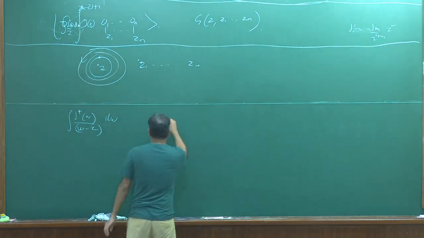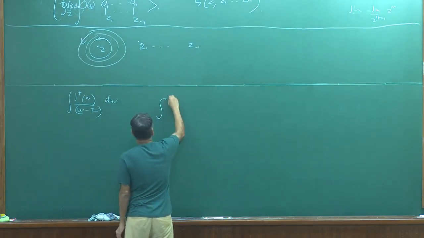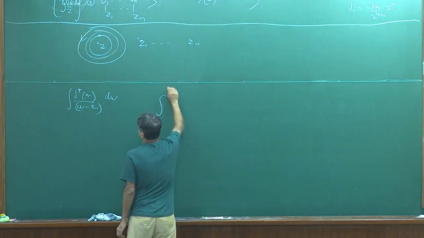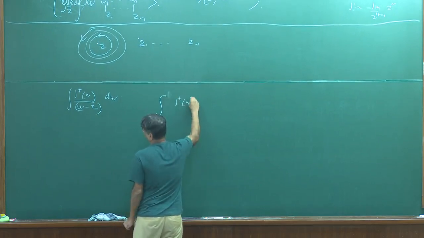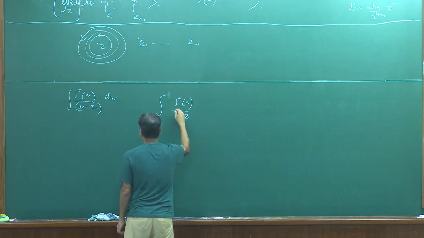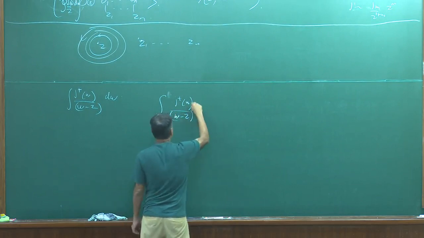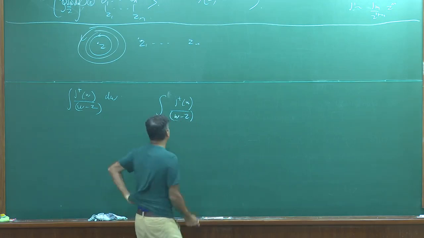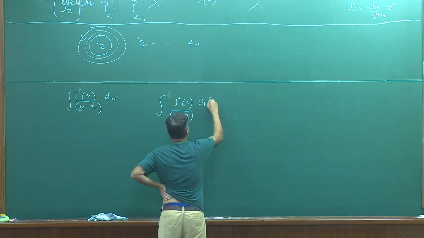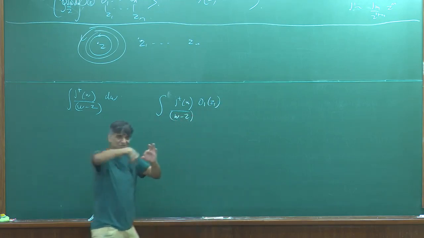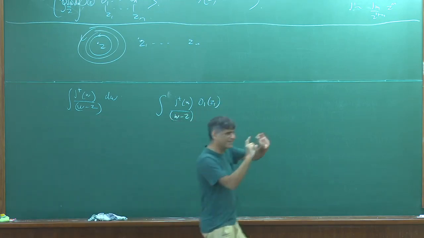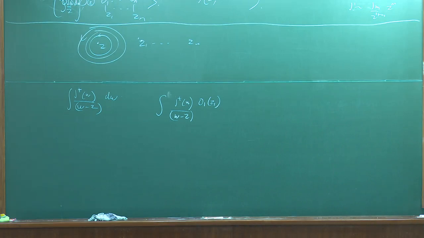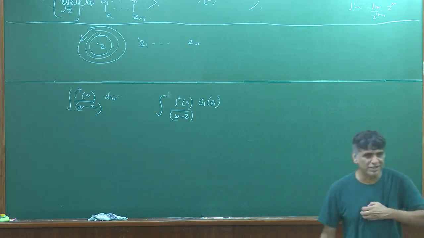What is that contour? That contour is J plus of w over w minus z, times, let's say, O1 of z1. Now the contour is surrounding O1. Maybe there's a minus sign because it reverses orientation. But let's focus on what's important.